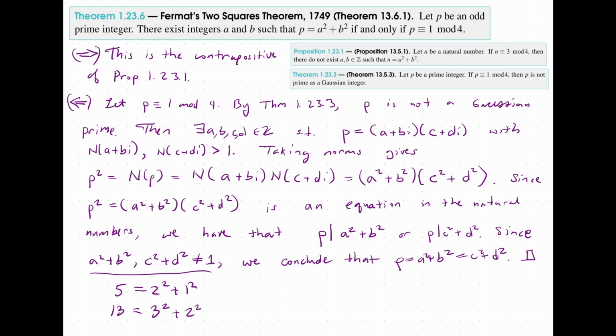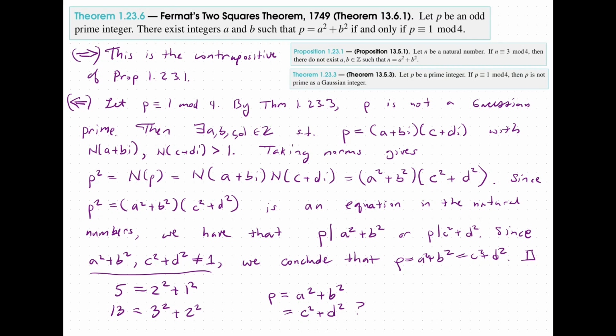Given some prime equal to a squared plus b squared, can we write it in another way as a sum of squares? How many different ways can we write a given prime as a sum of squares? Because with 5 and 13, we can see that that's the only way up to order.